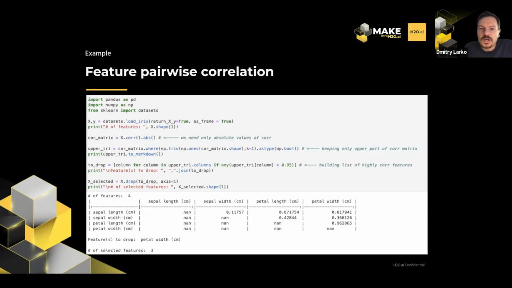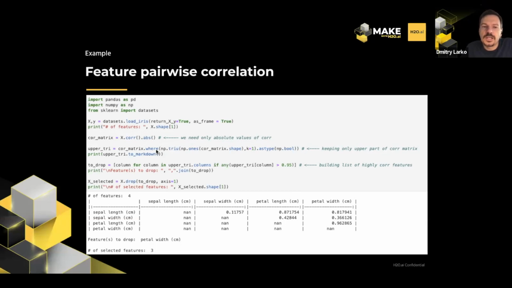So that's a code snippet showing how to perform it. I was not able to find any library which does it by itself, so I implemented it myself in a quite straightforward way. What we're doing here is calculating a correlation matrix, and because we don't care about the sign of the correlation, we just need to measure how strong it is, we take the absolute value.